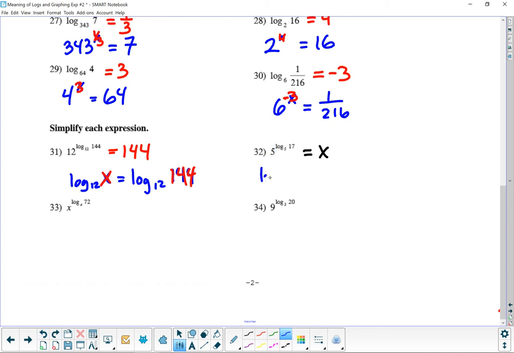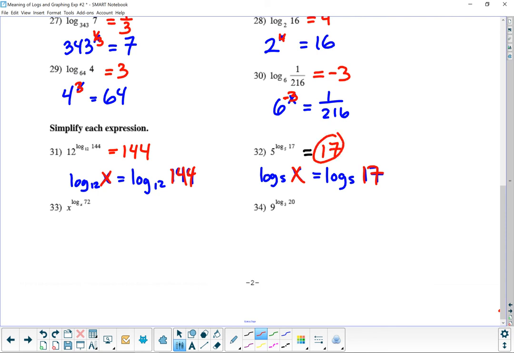So log base 5 of x, and that's going to equal the power, which is log base 5 of 17. Again, same idea. x would have to equal 17. So my answer to 5 to the power of log base 5 of 17 is equal to just 17.